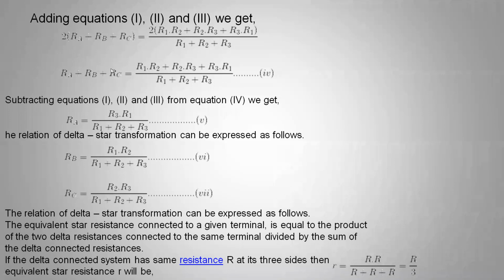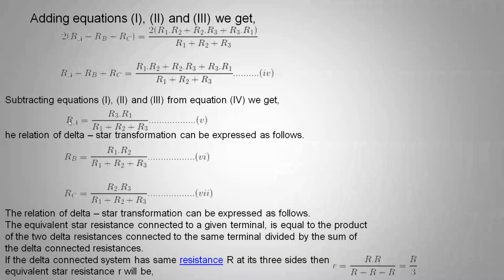Adding the three equations, the star is equal to the delta. But what do we need? We need the value of each resistance, the resistance at point A, the resistance at point B, the resistance at point C. So every resistance will be calculated by subtracting equations 1, 2, 3 from equation 4. Do 4 minus 1, 4 minus 2, 4 minus 3.